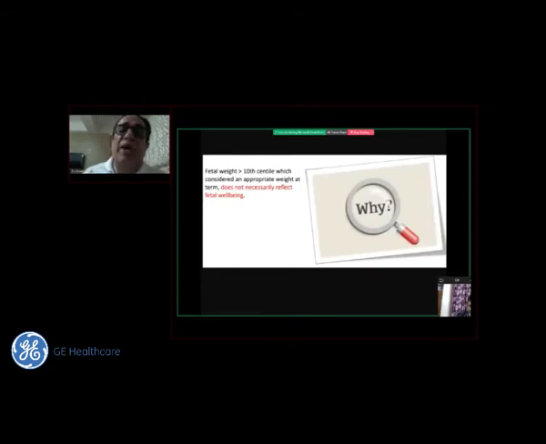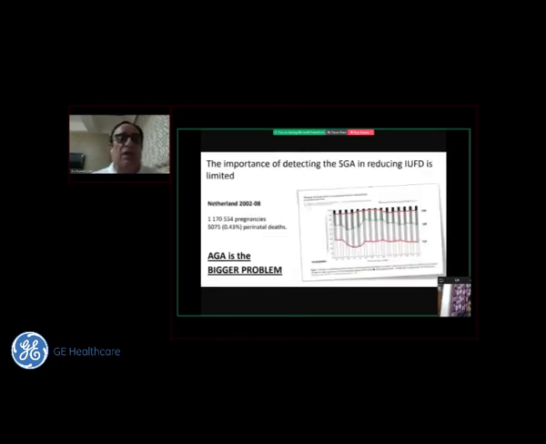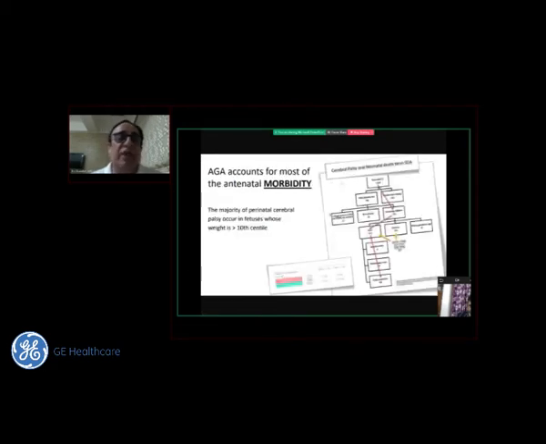Now, all this was going fine, until we realized that sometimes even a normal size fetus may not do well and may suddenly become hypoxic. That is because a large percentage of IUFDs that we saw in the third trimester were normal size babies, or as we call them, average size babies.